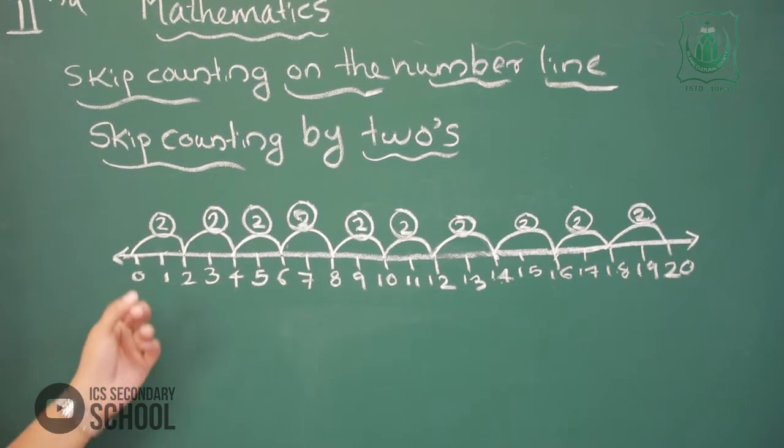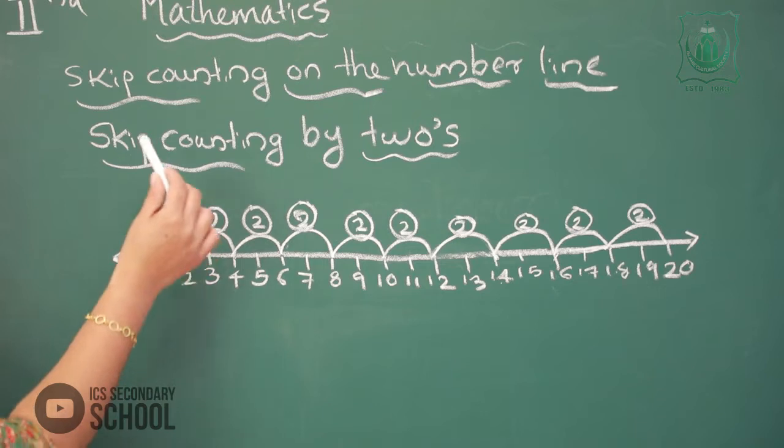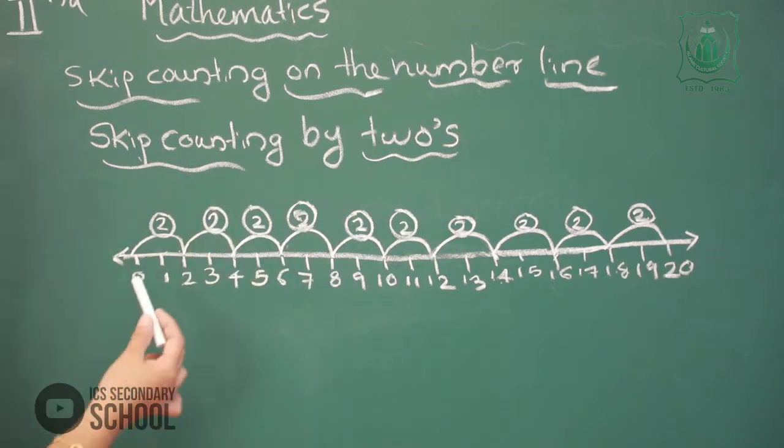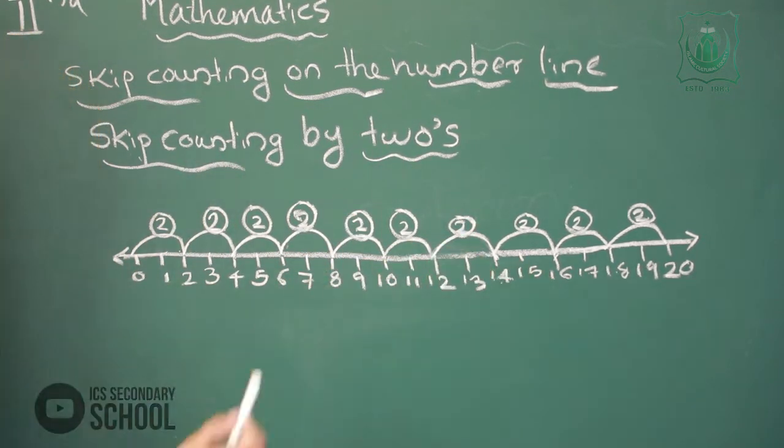So, this is the representation of skip counting by 2's on the number line from 0 to 20.